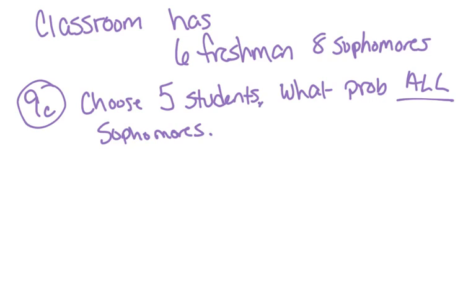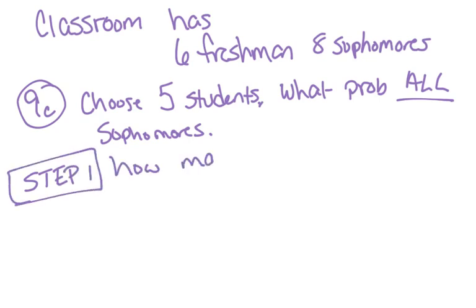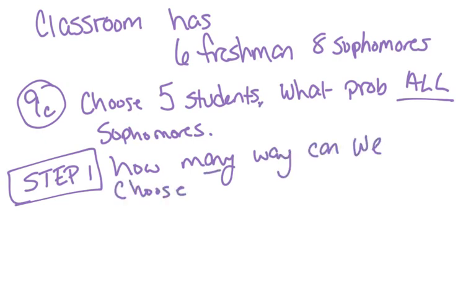So the idea is that if we want to look at the probability of just the sophomores, we have to first look at how many ways can we choose 5 students out of the entire class.